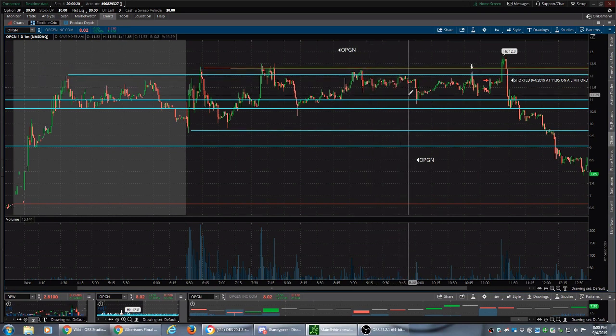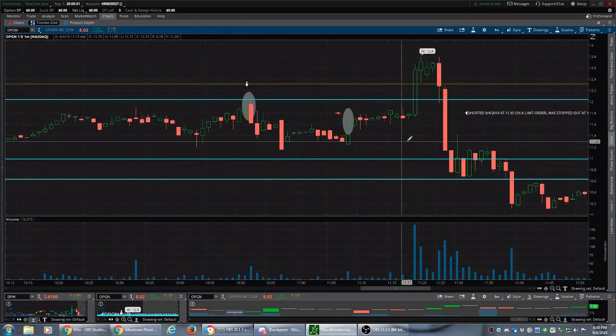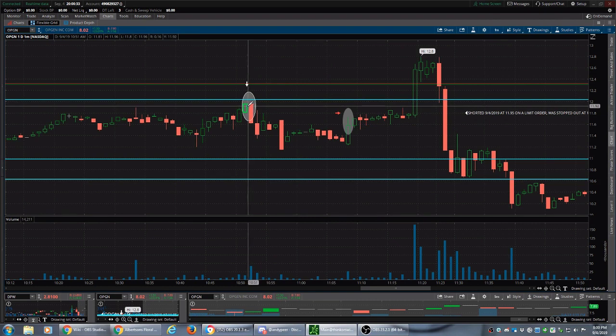So what I ended up doing was right here at this arrow, and let me increase this so you can see it. Okay, so right here on one of these two bars is where I put a limit order back here, and it got filled right here at 11.95.